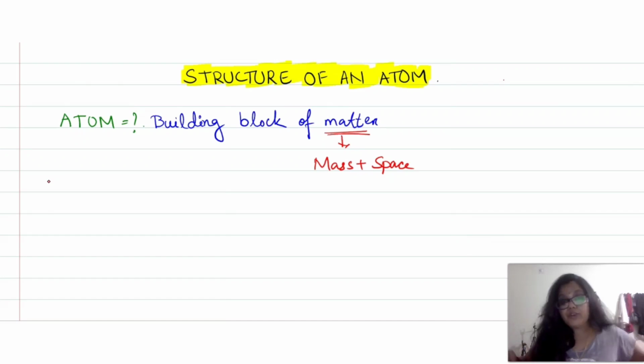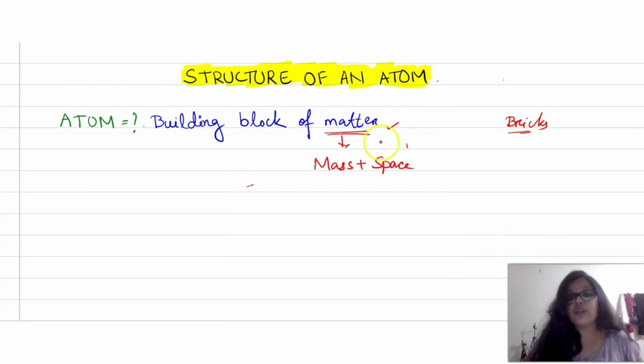Now that we know atoms are the building blocks of matter, take a room for example. A room is a combination of walls, and those walls are made with the help of bricks, isn't it? So each brick is the building block of that particular room.